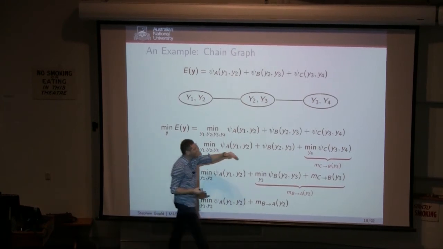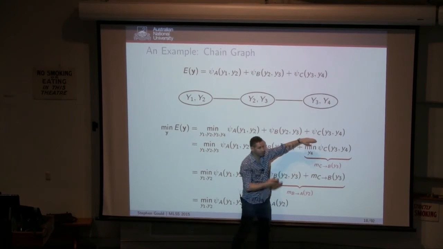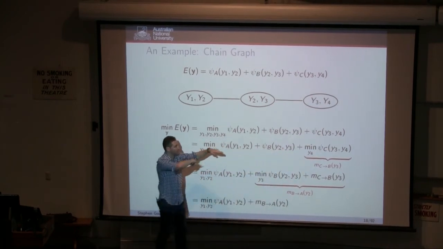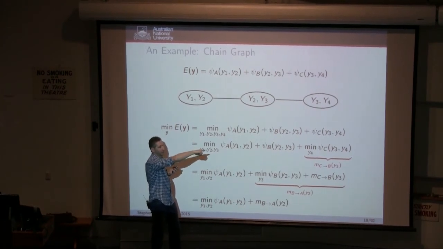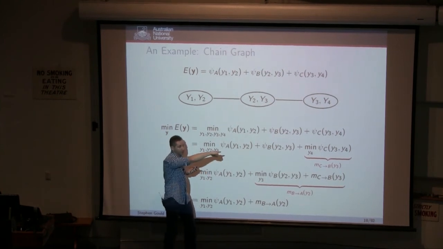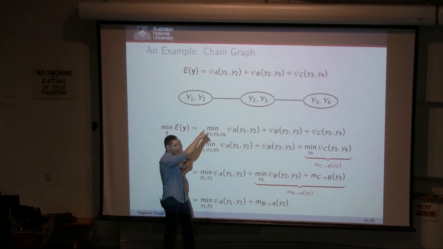Let's say for every row in the table, so for every value of y3, we need to go along and find the minimum value in that row. For one row in the table, that's going to cost us L to scan through that row. Now we have to do that for every row. There are L rows, so that's going to cost us L squared.